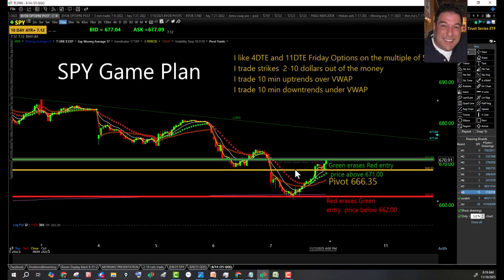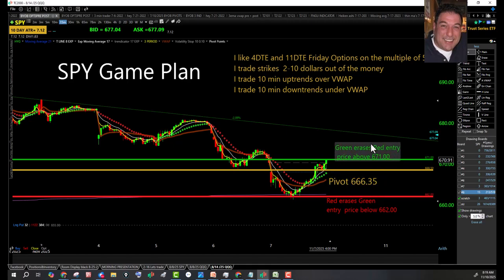I just need it to break the 10-minute bearish rubber band candle, okay? So I don't have to wait till I get red erases green all the way down here, which happens to be about 15, 16 points away. We're never even going to get there if I happen to get a downtrend, okay? So doesn't mean all downtrends are off the table. I'm just saying I just need it to break the bearish 10-minute rubber band candle.